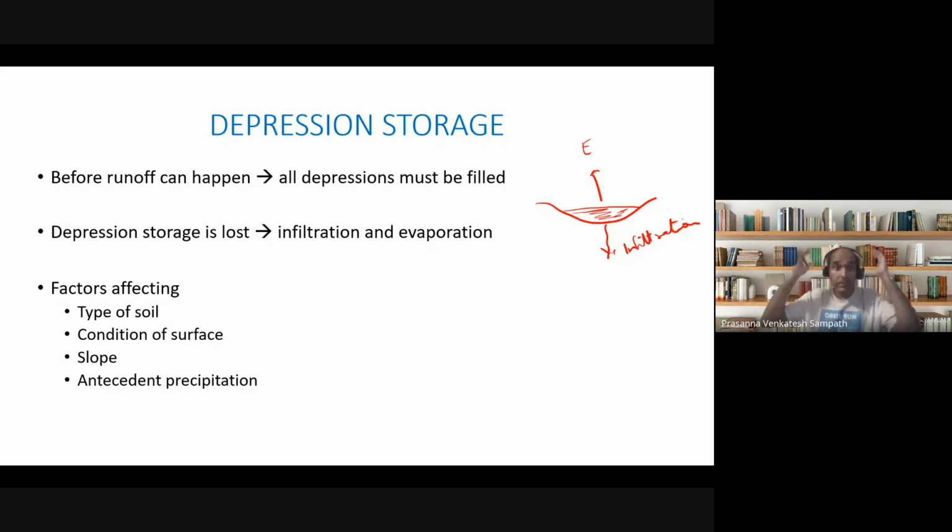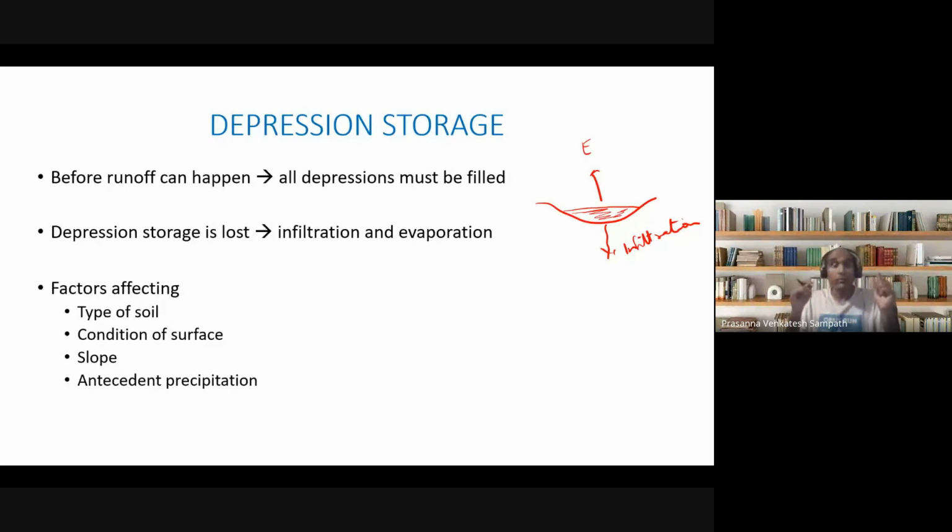That's what I mean by antecedent. Antecedent means what happened previously. Previous precipitation, whether the previous day, 1 hour or 5 hours, will impact how much depression storage will happen for today's event.